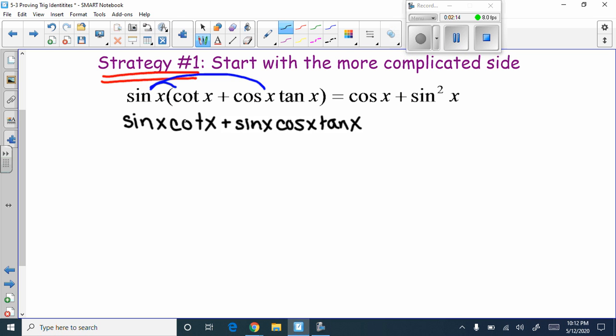All right, and so now we can do a little simplifying. What I personally like to do is when I see cotangents and tangents, I rewrite those using sine and cosine.